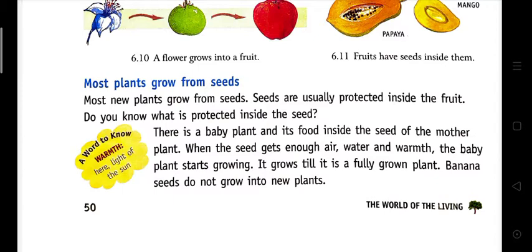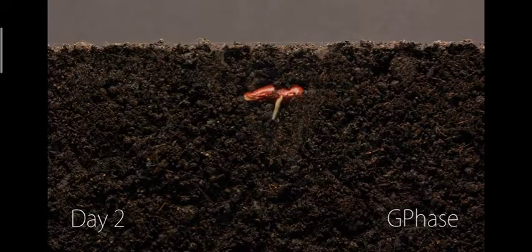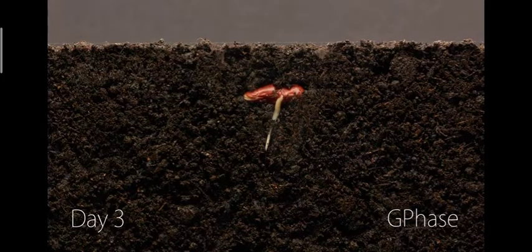Inside a seed there is a baby plant, and when the seed gets enough warmth, air, and heat, the baby plant starts growing until it is fully grown. That's how a seed grows into a fully grown plant.